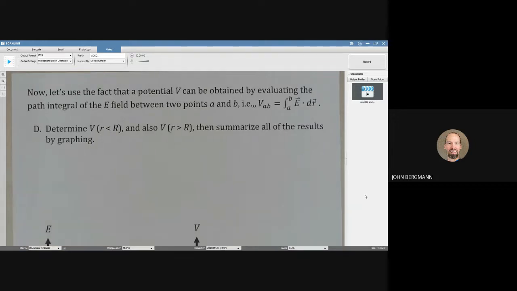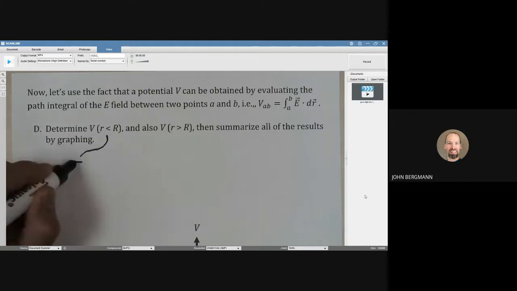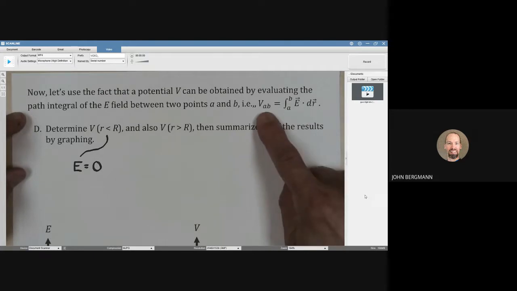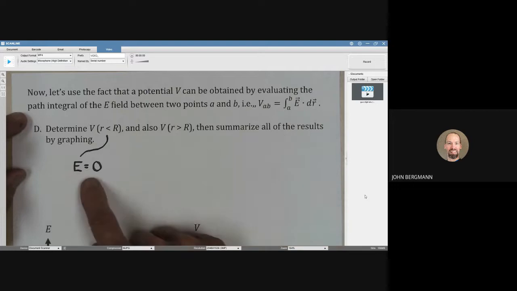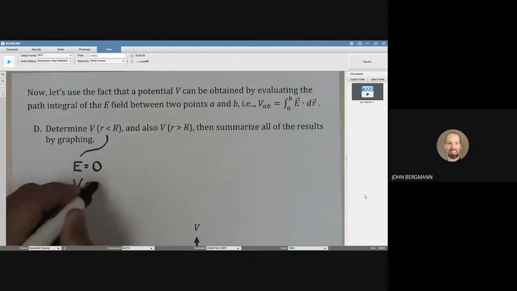I think what we want to do here is we want to say for r less than big R, that is inside, don't we know that the electric field is 0? Well, now look at the equation in the upper right. To find the voltage, we have to integrate that. Well, if you integrate 0, you get nothing except an integration constant.